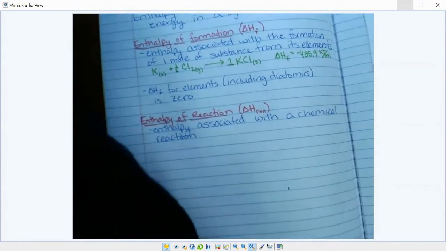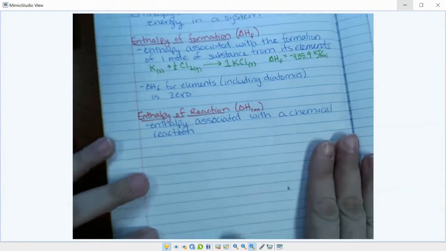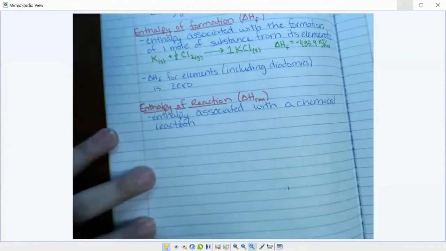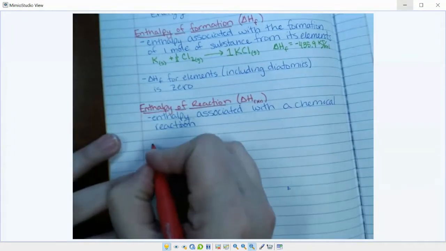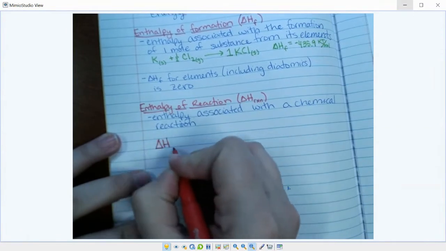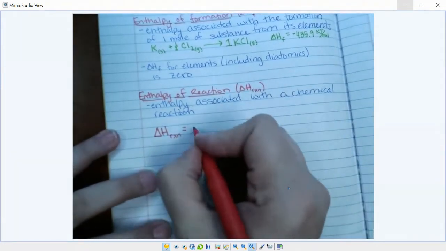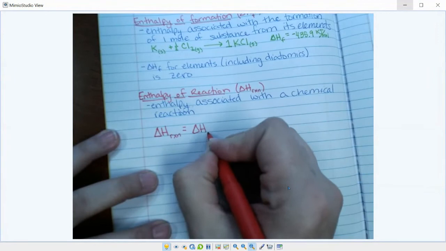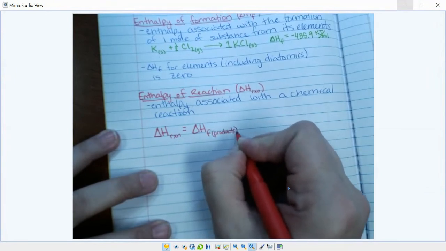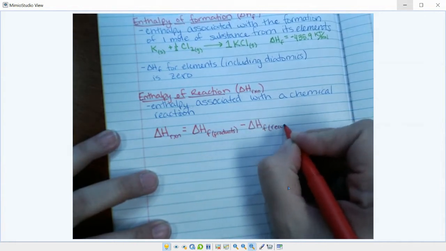And there's an equation for this, and this equation is on your formula chart. The one that's on your formula chart has lots of symbols that make it look really, really complicated. And so I'm going to simplify this for us a bit. What you have to know is that to find enthalpy of a reaction, that's going to be equal to the enthalpy of formation from our products minus the enthalpy of formation from our reactants.